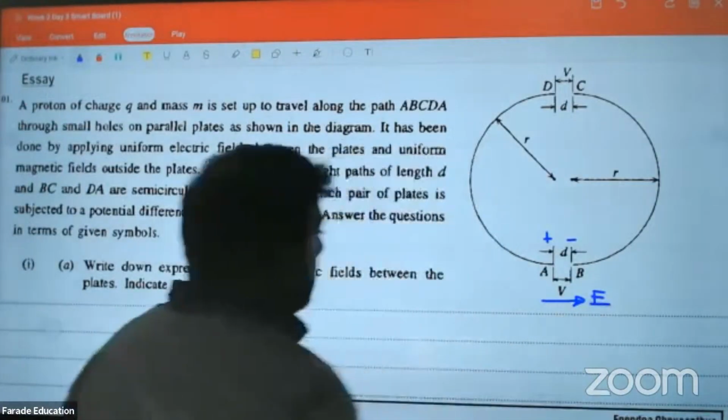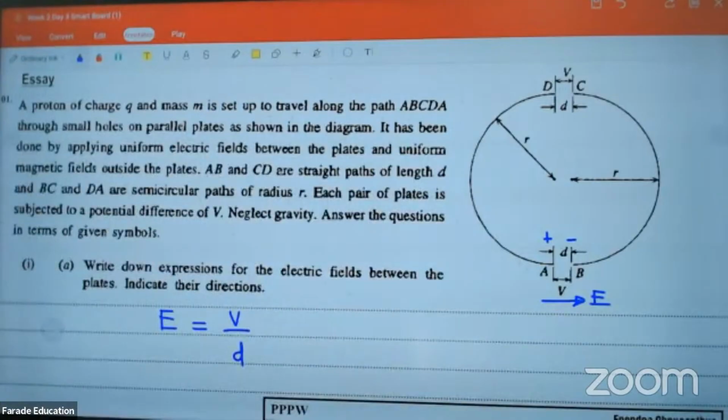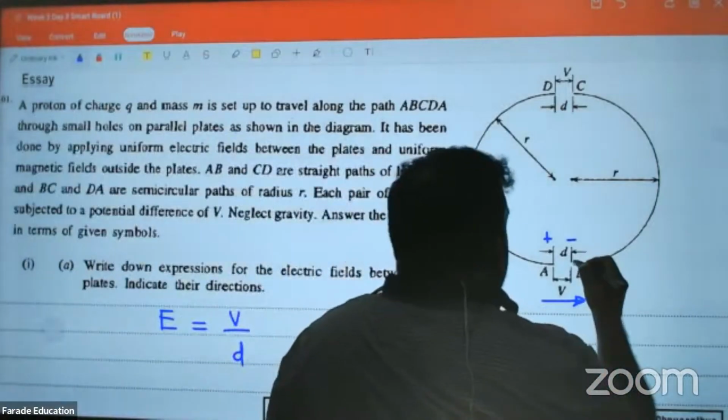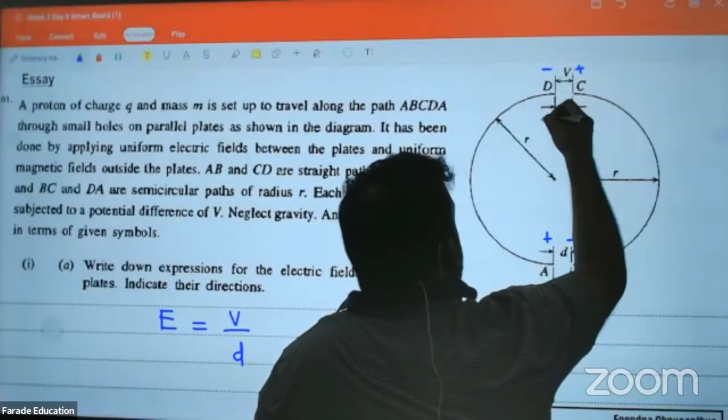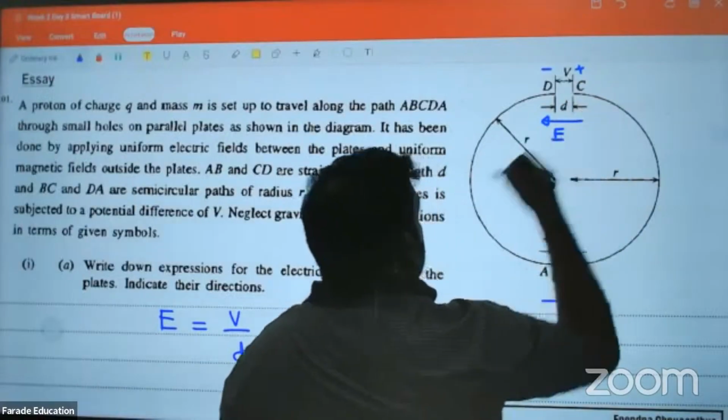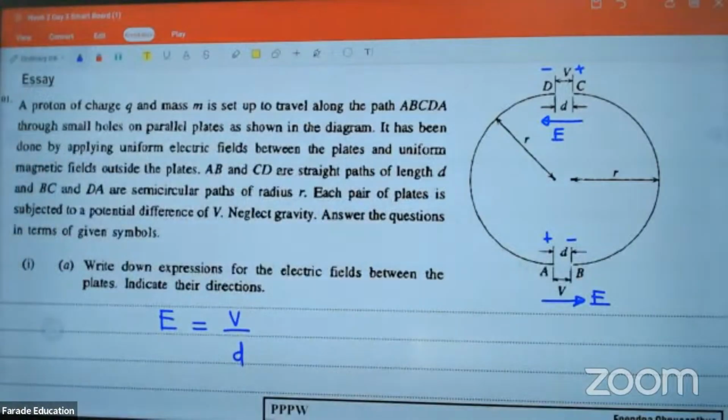You can carefully indicate it there. Then electrons are attracted here, positive to negative, so here also the electric field is from C to D. You can indicate their directions carefully.